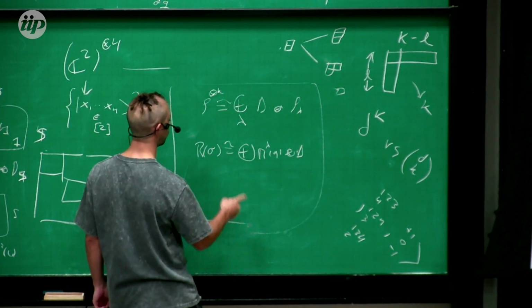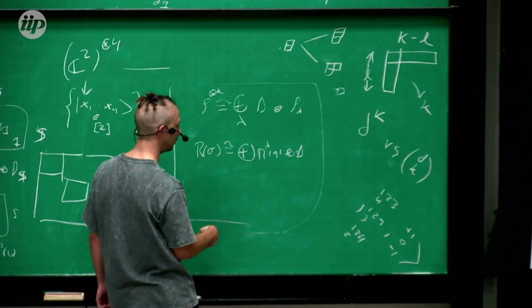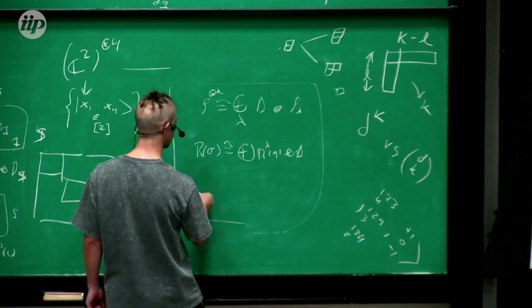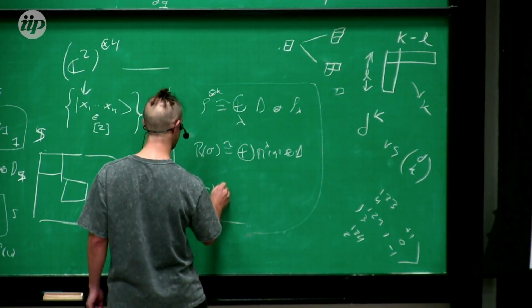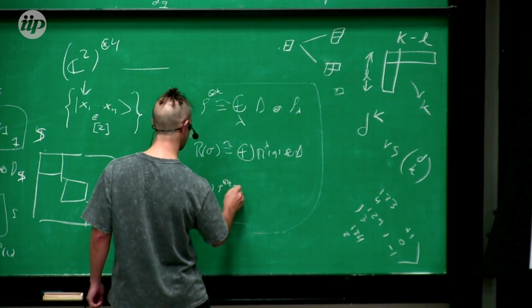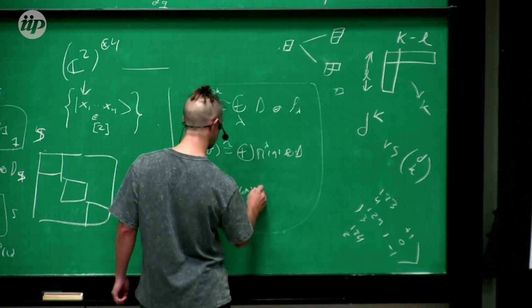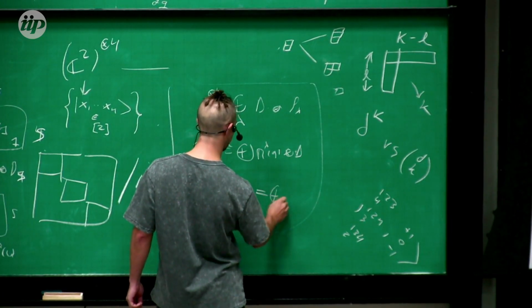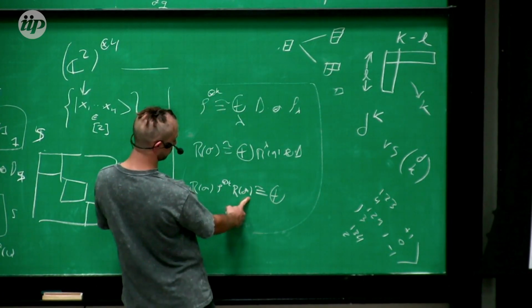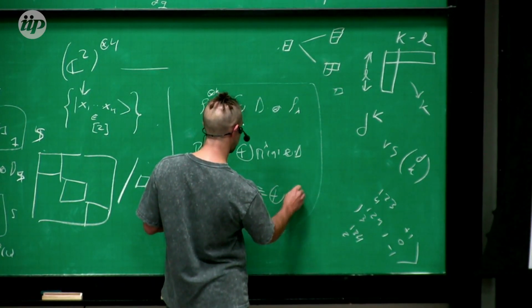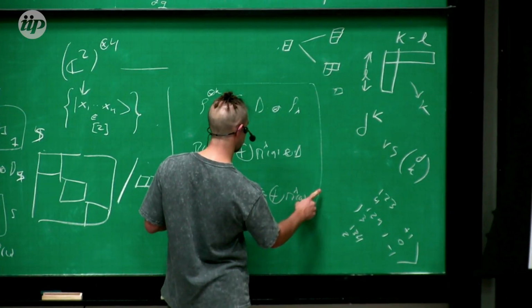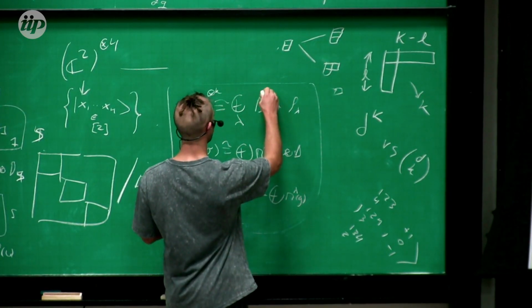So if I want this thing to be invariant under permutations, let's do it explicitly. R sigma rho tensor k R sigma dagger. This new operator on the Schur basis will be R lambda G, and here you're not the identity.